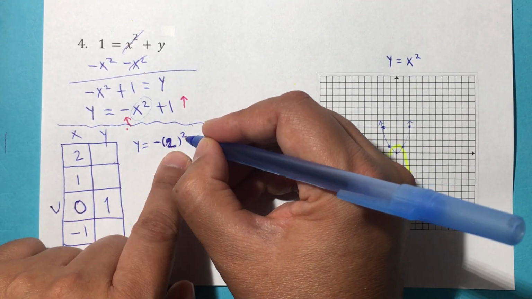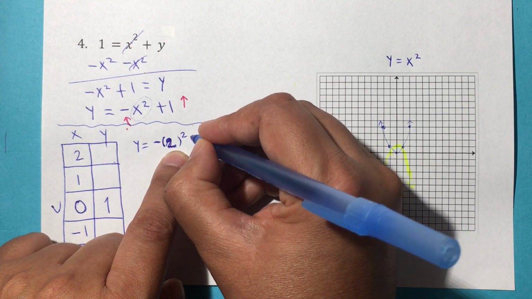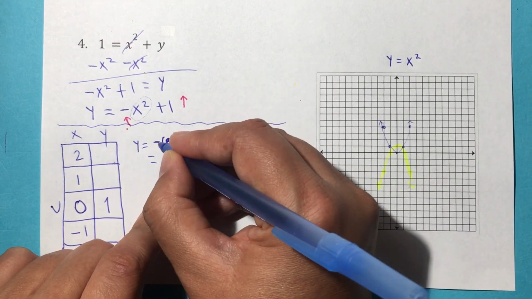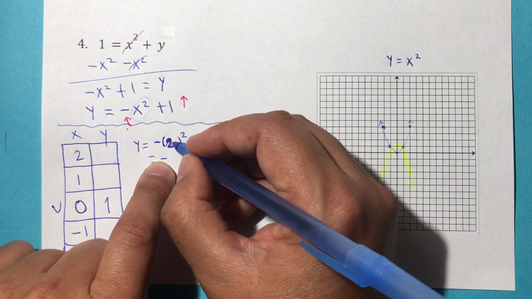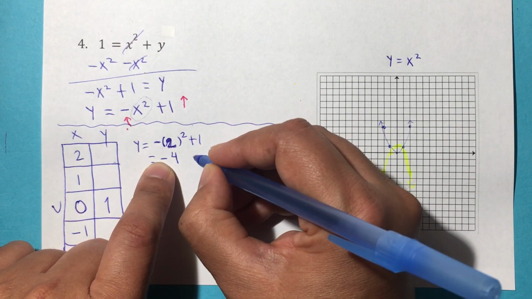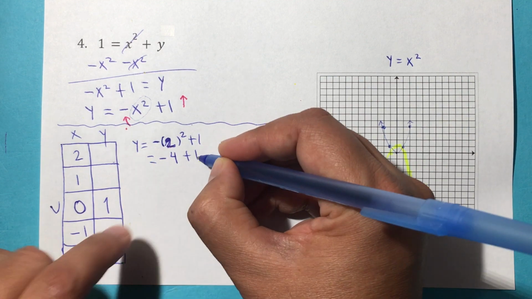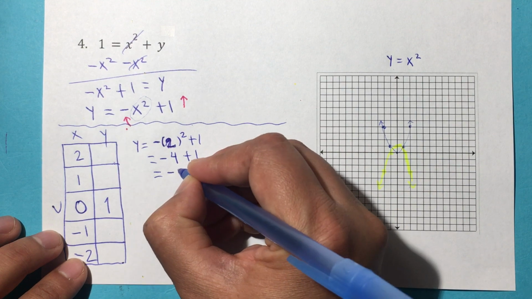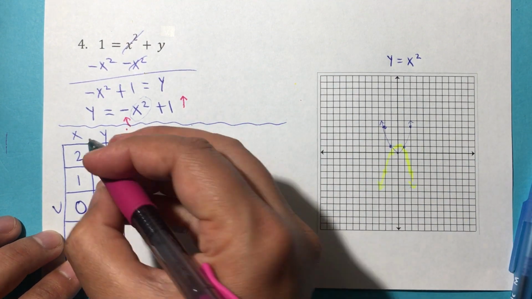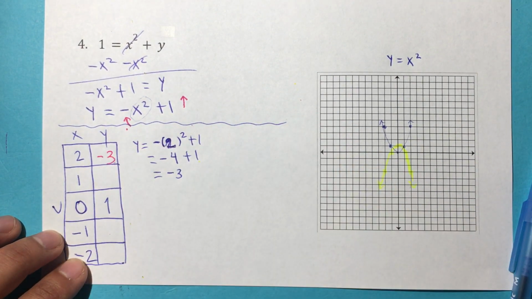The 2, we put it inside the parentheses, and that's squared, plus 1. We carry the negative. Again, we just bring it over. And positive 2 times positive 2 is 4 plus 1. So that's negative 4 plus 1, negative 3. That's our first value right there.